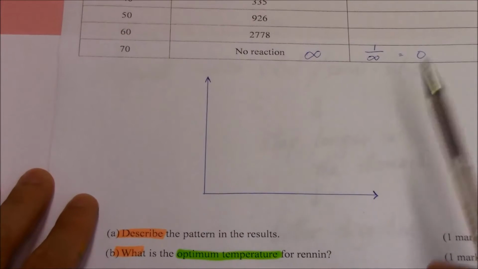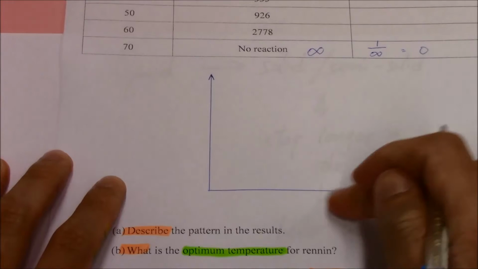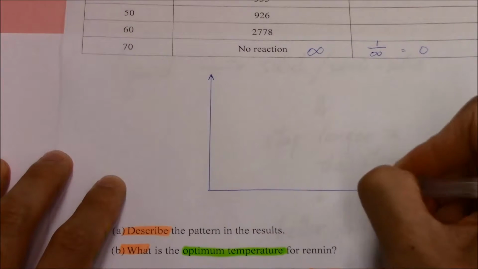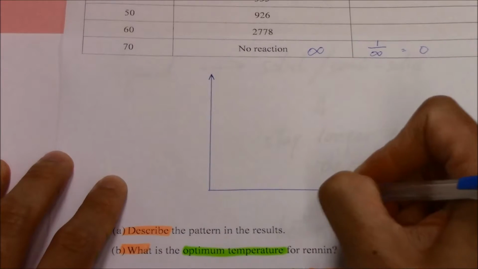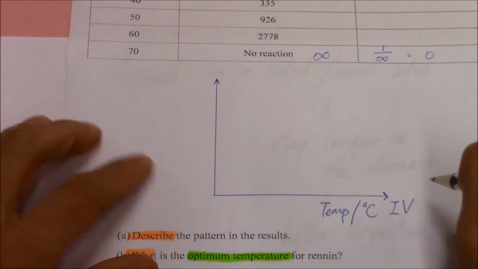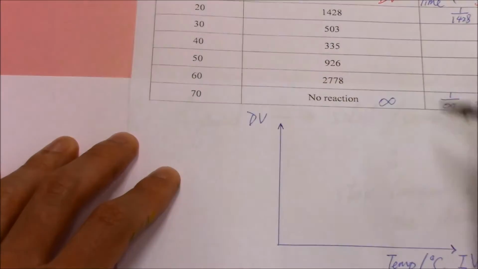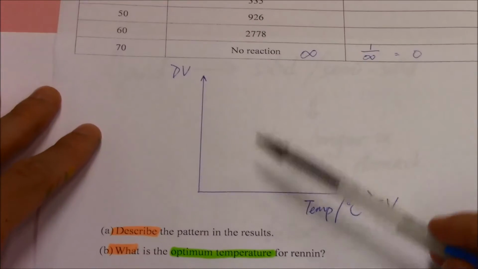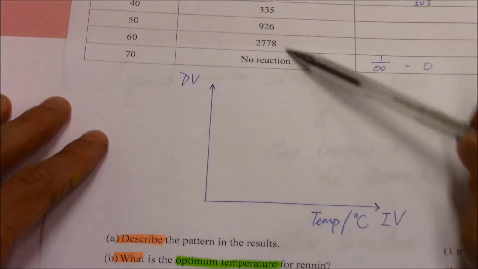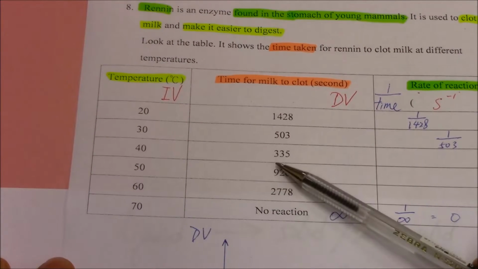So for the graph, you can see the XY axes, and a friendly reminder: the X axis should be the IV, that's what we change, the temperature. And the y-axis should be the dependent variable. In this case, if you are asked to plot the graph, it will not ask you to plot the graph by using the time.